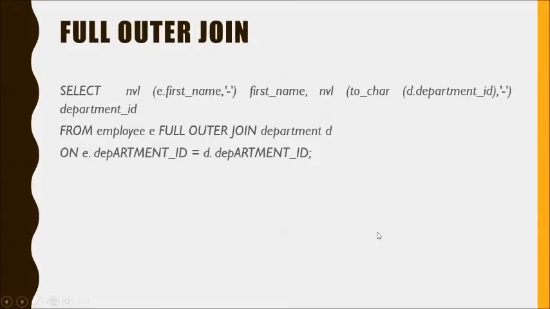So let's see the statement: SELECT NVL(e.first_name, 'no name'), NVL(TO_CHAR(d.department_id), 'no department') FROM employees e FULL OUTER JOIN departments d ON e.department_id = d.department_id.